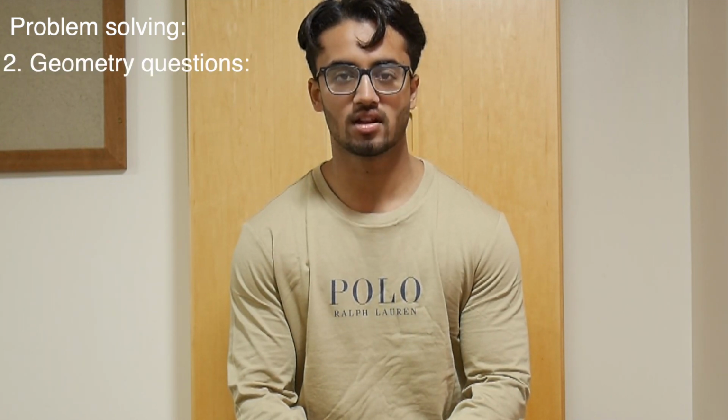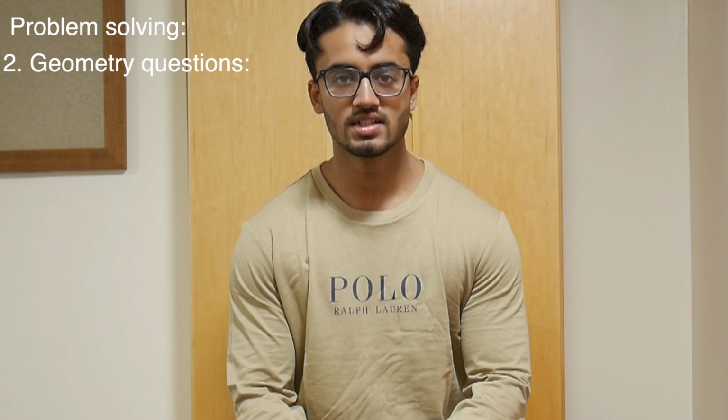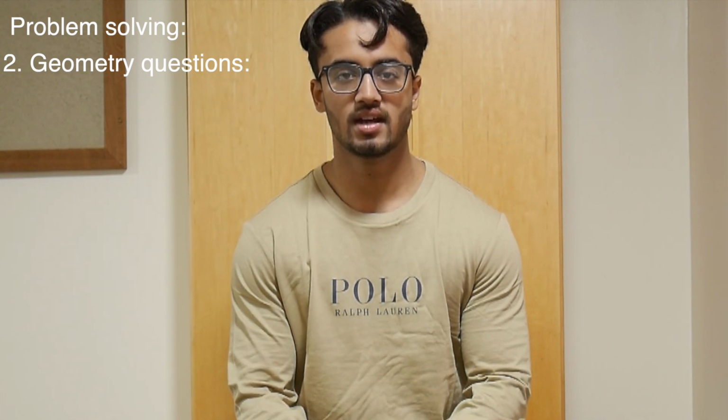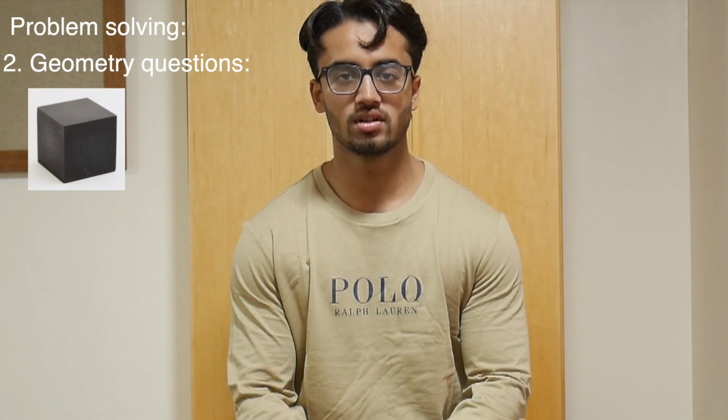Right, so the next question type is geometry style questions. So this is anything where you're thinking about how a die will look once it's been rolled, or where you're having to fold a net in your head. Now, if you're good at spatial awareness, you can probably just do these in your mind. But I have a tip for you if you struggle with it, as I did. And that's to bring a cuboidal rubber into the exam.